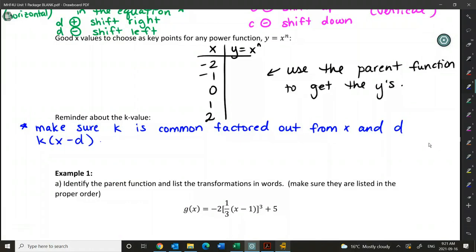If you don't see that kind of format in your transformation equation, you need to common factor it yourself. The other thing is that when I go to calculate transformations, I always use the reciprocal of k. Not when I state k. If I'm just listing what is a k d c, I use what I see in the equation. But when you calculate, you use the reciprocal of k.